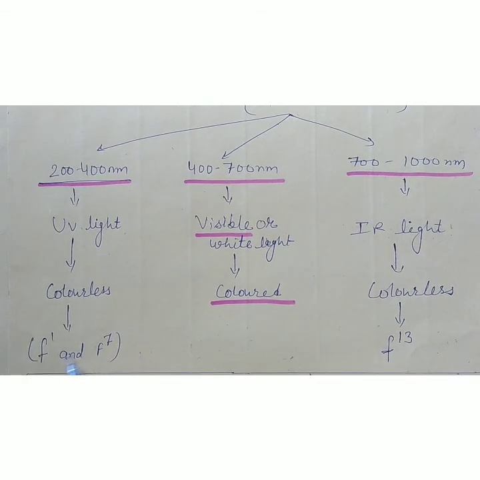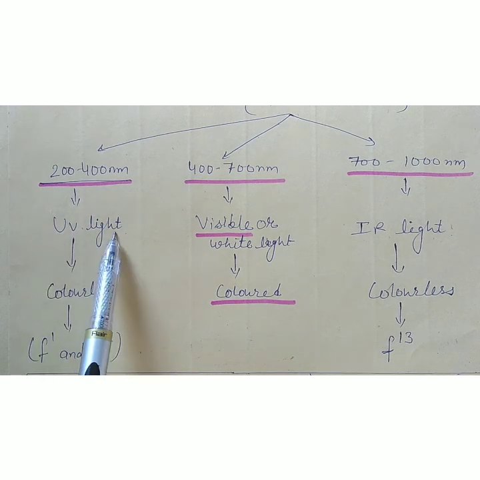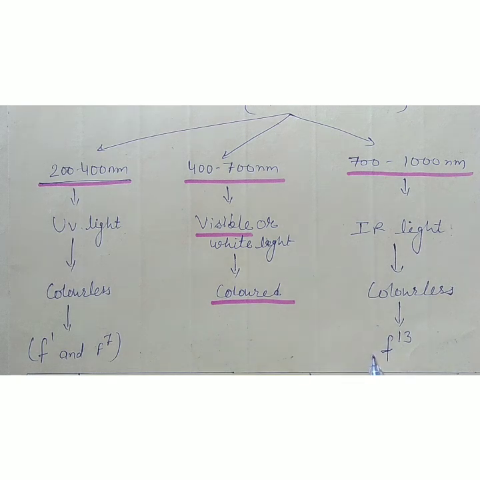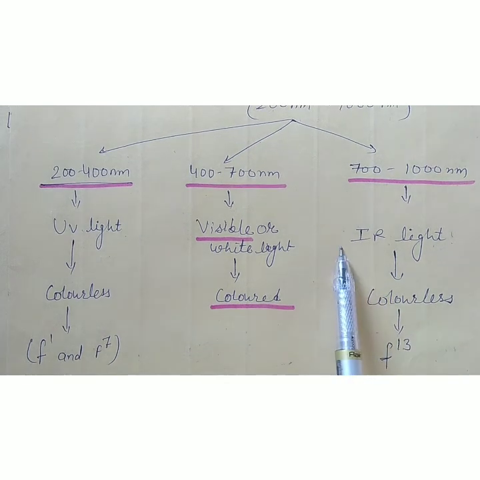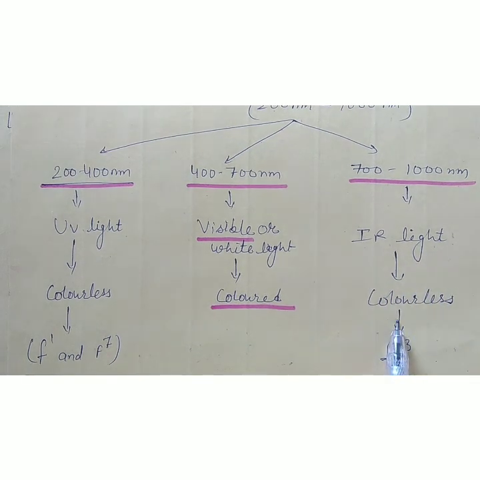In F1 and F7, the light used for f-f transition is from UV light, so these are colorless. While in F13, there is one unpaired electron, but the light used to transit the electrons is from the IR region, so it is also colorless.